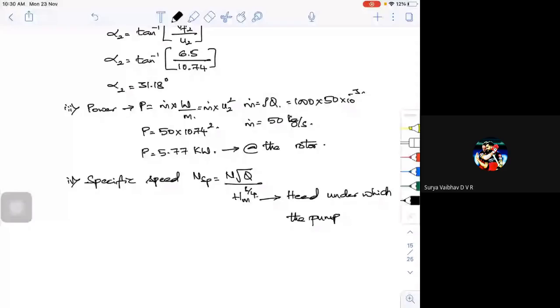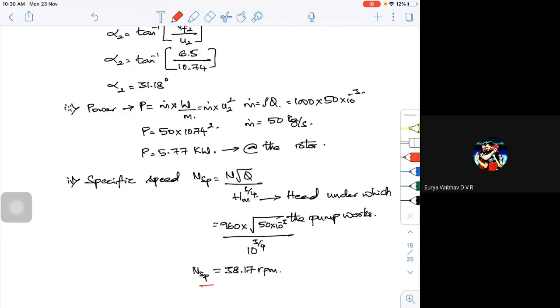So this is 960 into root of 50 into 10 to the power of minus 3, divided by the head to the power of 3 by 4. I am getting my specific speed as 38.17 RPM.